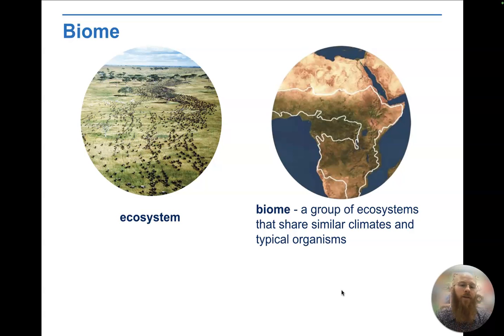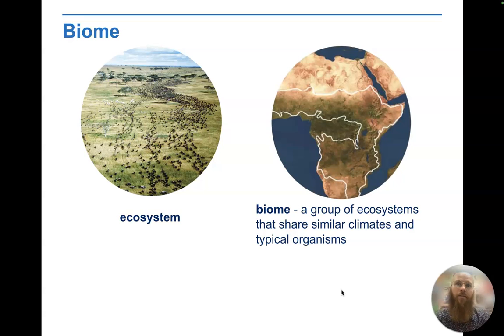And a good example of this would be if I were to talk to you about the desert biome. Now, there's not just one desert on planet Earth, right? There are many desert ecosystems. And whenever I say desert, you probably have some idea of what I'm talking about. There are some factors, some types of climates, some types of organisms that typically live in deserts that come to mind.